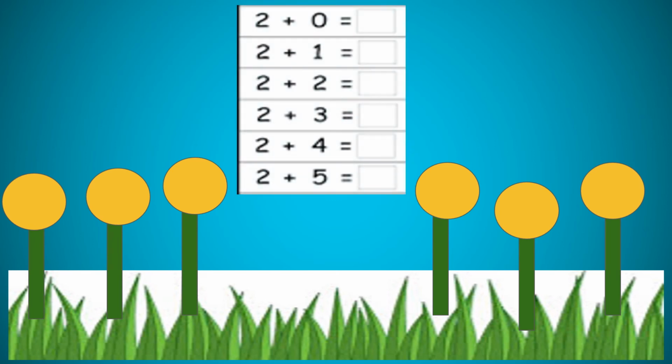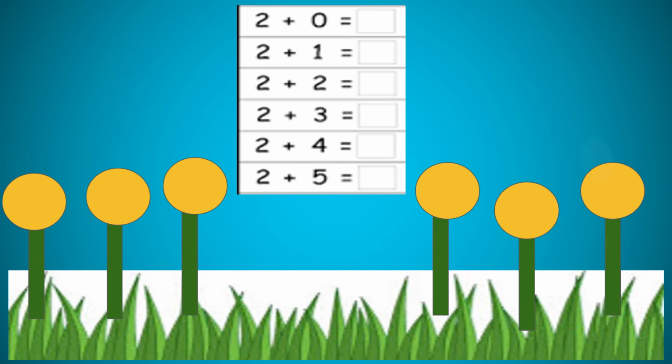Now let's take a look at the problems I want you to solve. Our first problem is 2 plus 0. Our second is 2 plus 1. Then 2 plus 2, 2 plus 3, 2 plus 4, and 2 plus 5. Now we know every problem starts with the number 2.